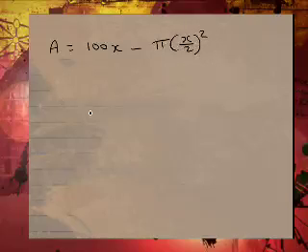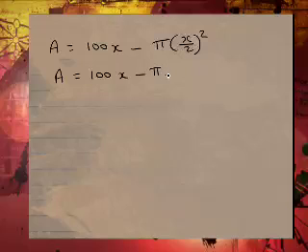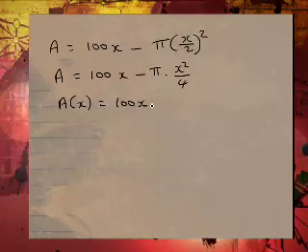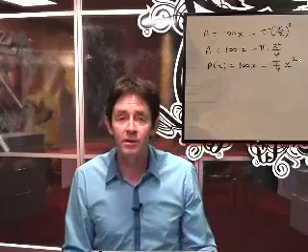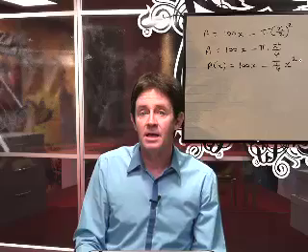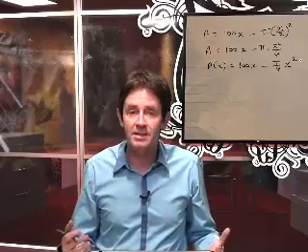Now let's see if we can work it into the form that they want. That's 100x minus pi times x squared over 4. And guess what? That's the area in terms of x: 100x minus pi over 4x squared. What a pleasure.